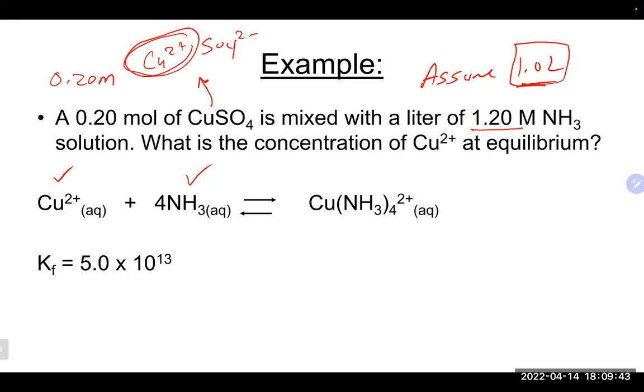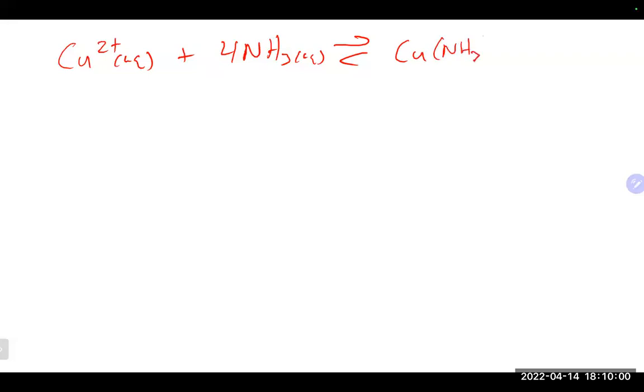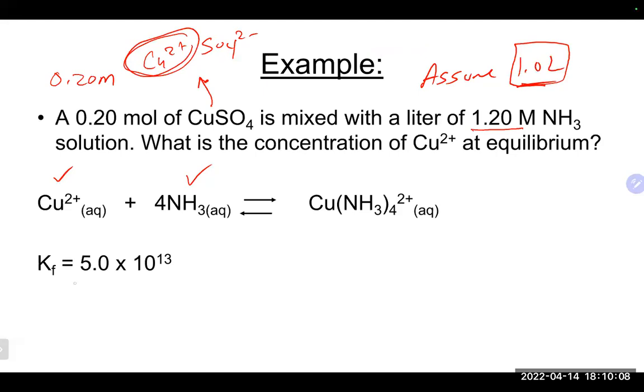So if we set up this equilibrium, we have our copper 2 plus 4 NH3, making our complex ion of Cu(NH3)4 2+. In this particular case, our Kf value is 5 times 10 to the 13.